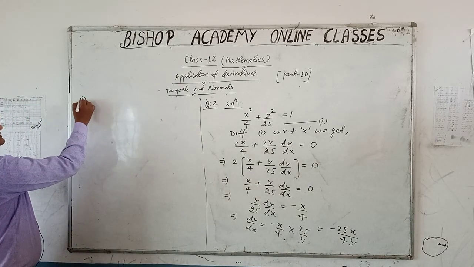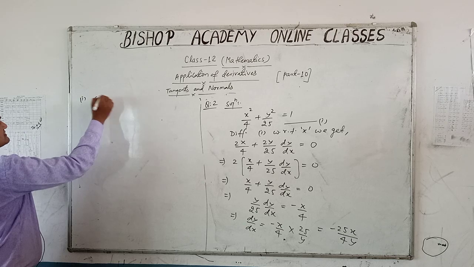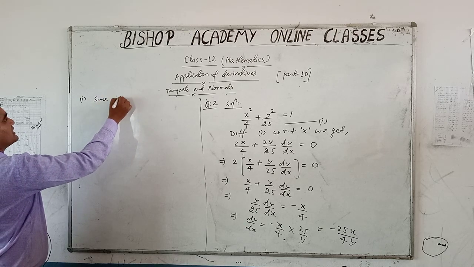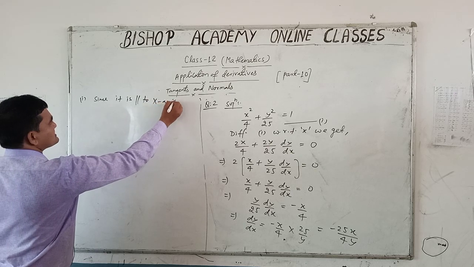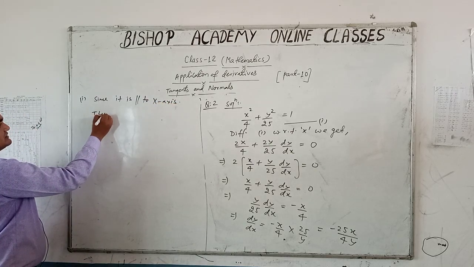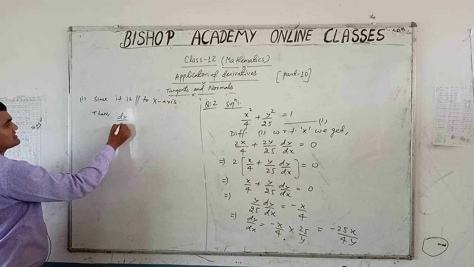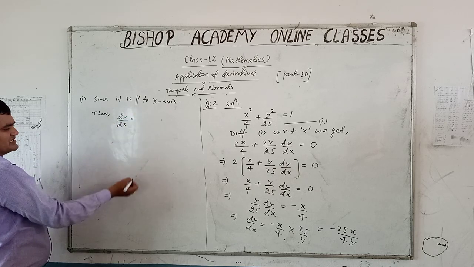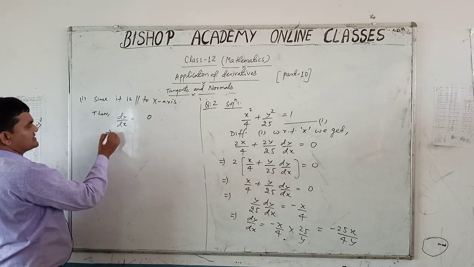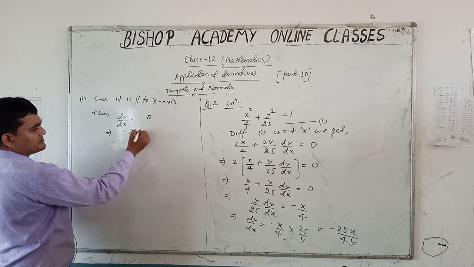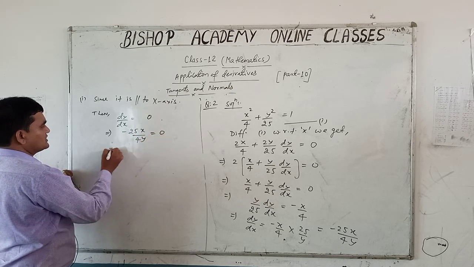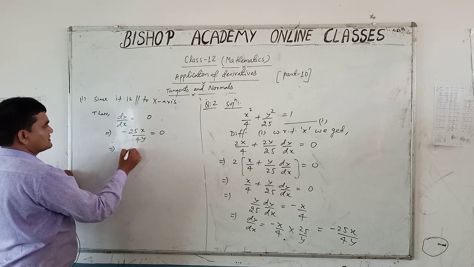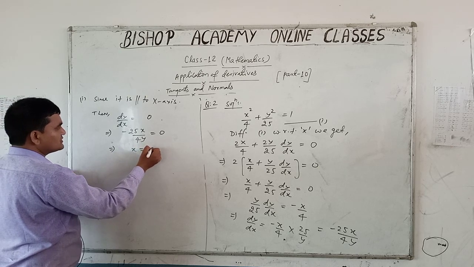Now first, since it is parallel to the x-axis, then dy by dx at that point is equal to 0, so we write minus 25x upon 4y equal to 0. This implies that x is equal to 0.